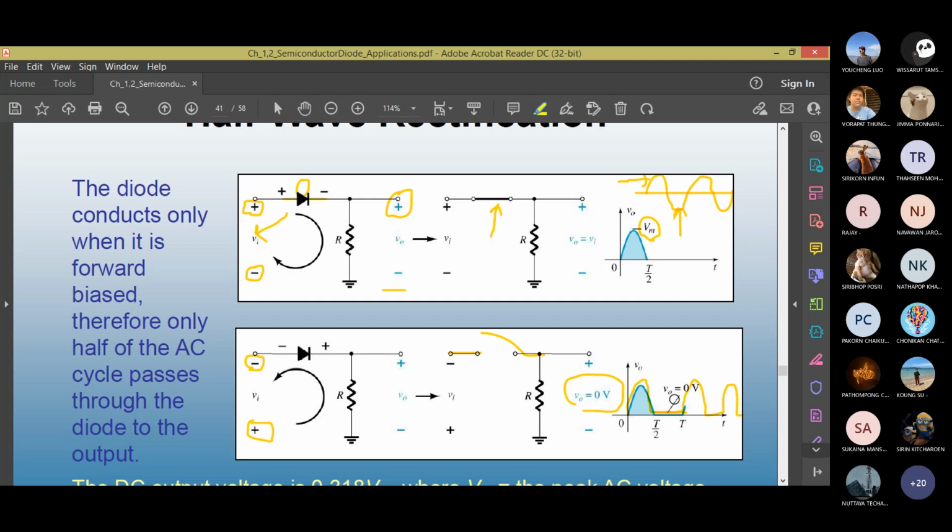By the way, the output is actually not an AC, it is DC. It does not change value from positive to a negative. It does not cross the zero line, but it looks like an AC waveform. It is actually not alternating current anymore, in the sense that it doesn't go to the negative part, but it has peak and valley. It has a swing. It has a DC level, which you can find through a formula.